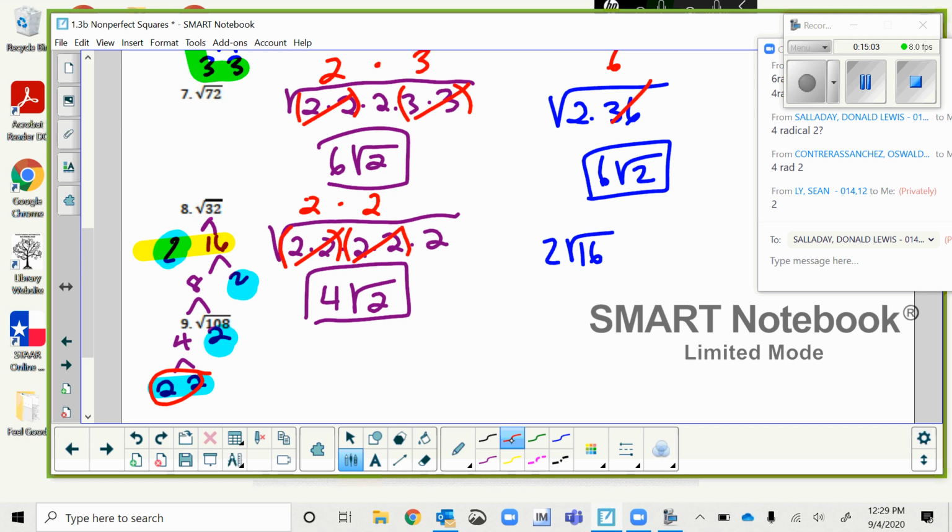Did I do something wrong? Oh, wait. Yes, I did. Sorry. That doesn't work out. This is what I meant. Square root of 2 times 16. This is better. And then square root of 16 is 4. So this would have simplified. You would pull 4 out. And then that would get 4 radical 2.